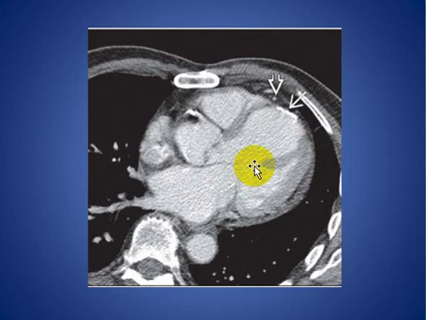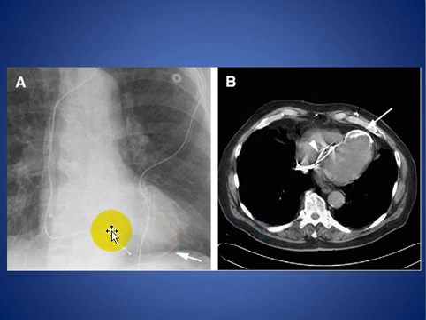We should also examine the wall motion to see if there is a wall motion abnormality or not. Here also there is some thickening and minimal pericardial effusion.